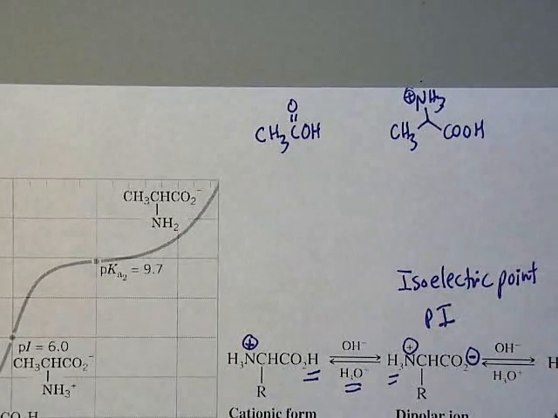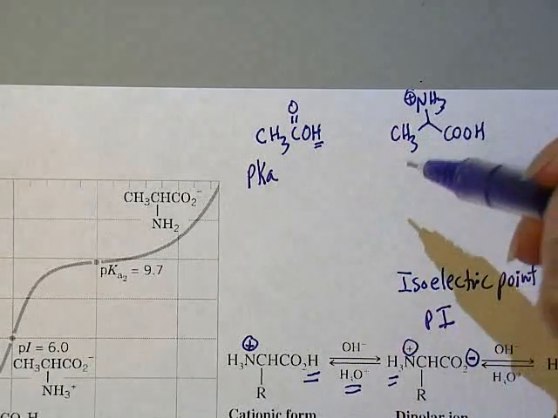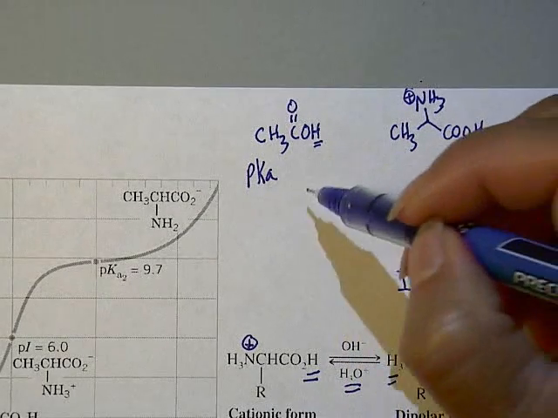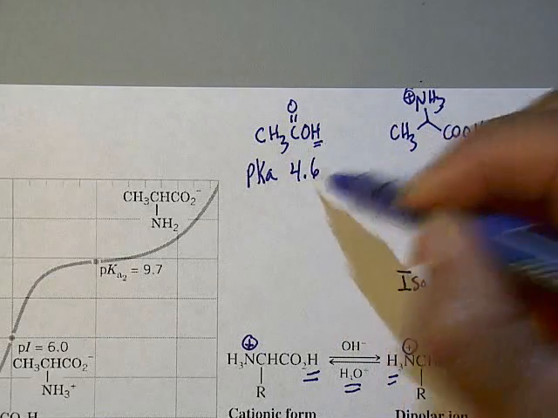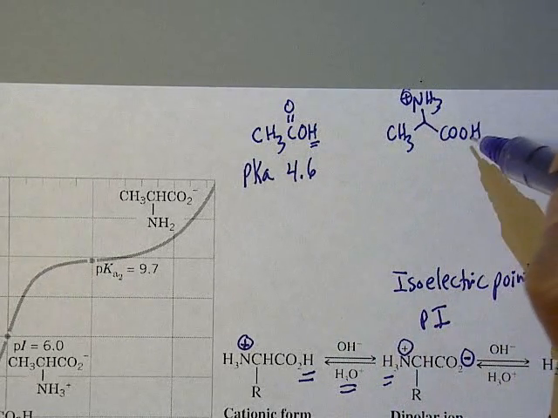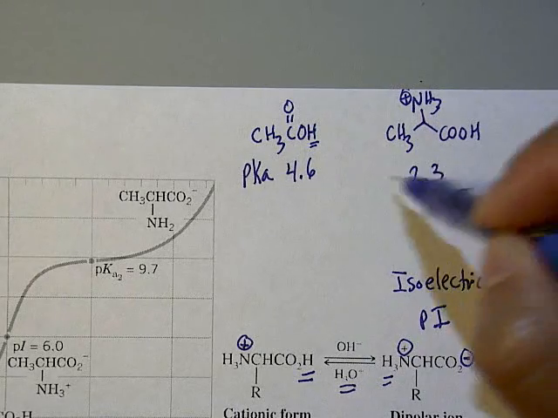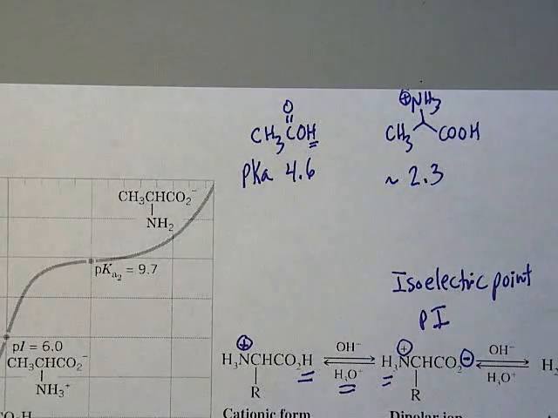You would think the pKa should be pretty similar for the carboxylic acid that we're looking at, but the acetic acid pKa is around 4.6, whereas the carboxylic acid from the amino acid is around 2.3 for most, if you look at the table in the book.